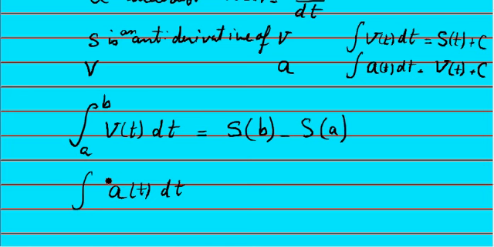It's going to be bad notation, bad habit. So A and B here were beginning and ending time. This is another way of referring to two times, T1, T2. Antiderivative of A is velocity. Velocity at time t2 minus velocity at time t1.